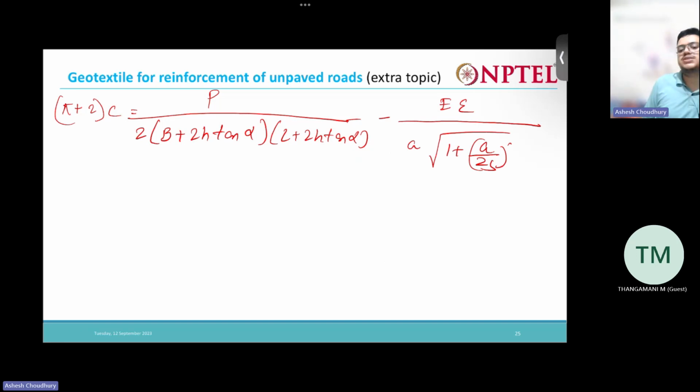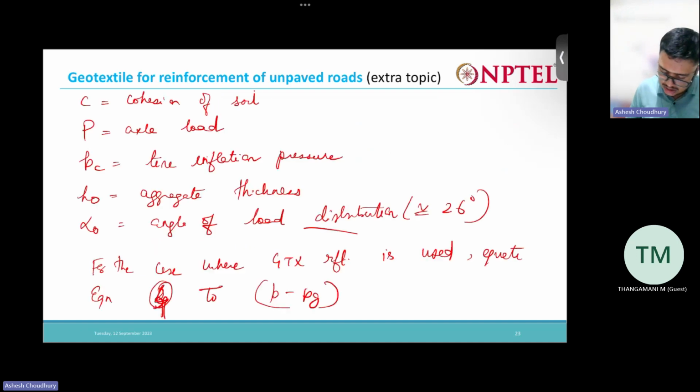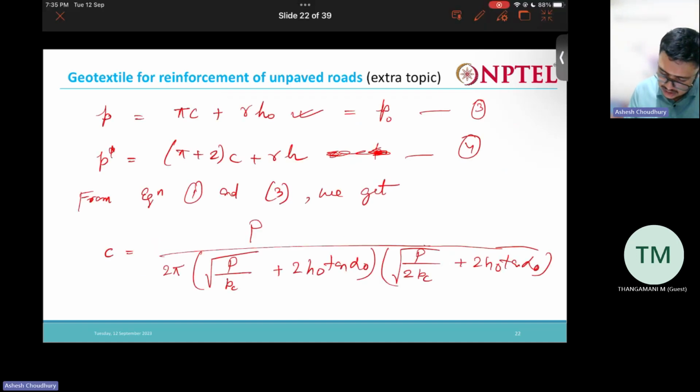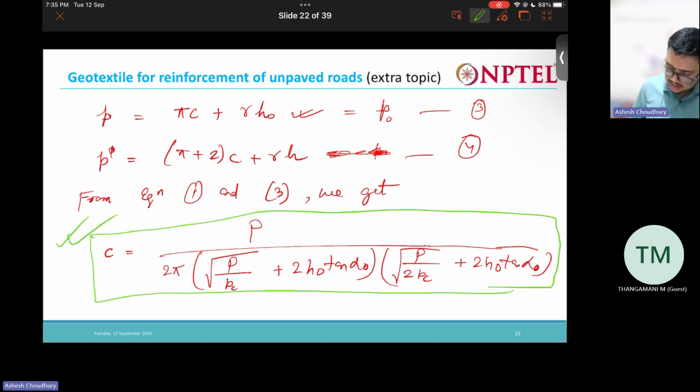So from this expression, our task is to get H. Okay, so what are the main final equations? So this is one equation. This is one equation.